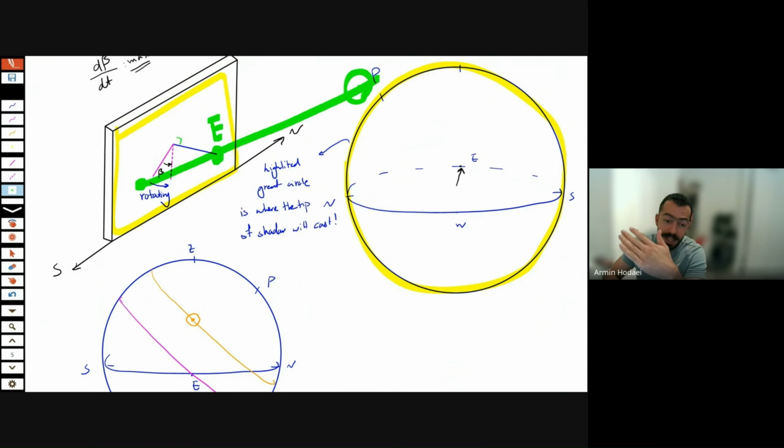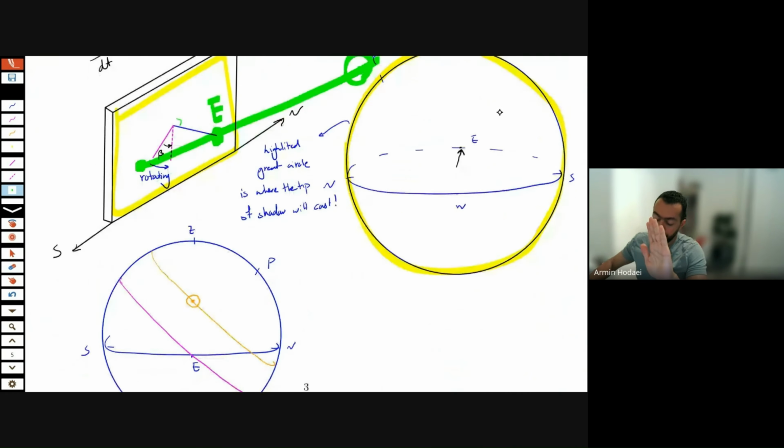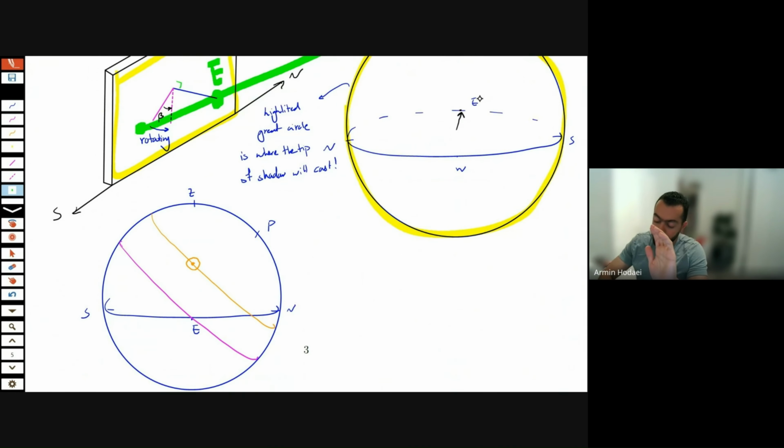All three are on the same line, and it basically gives me a plane. This plane consists of the sun, the east, and the shadow. Let me put the sun somewhere else, let's say here. These three should be on the same great circle, so something like this.